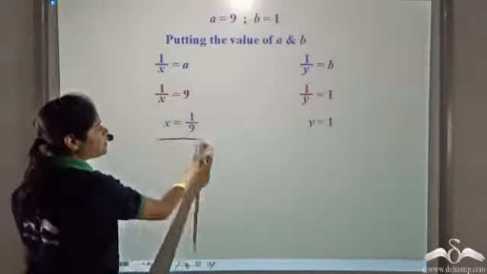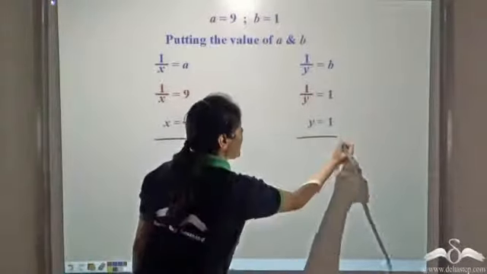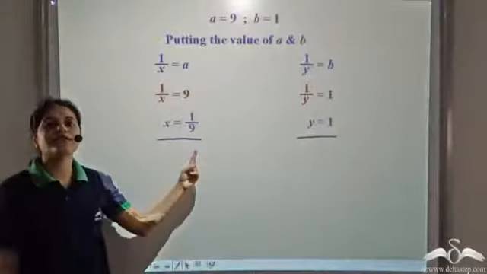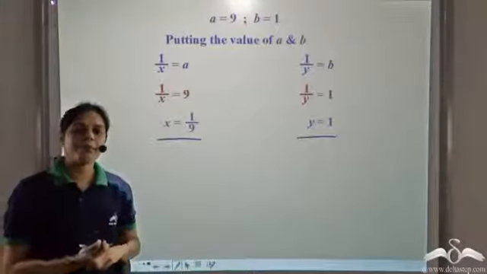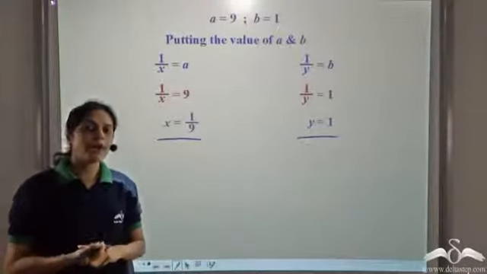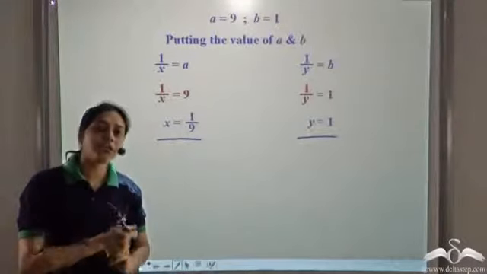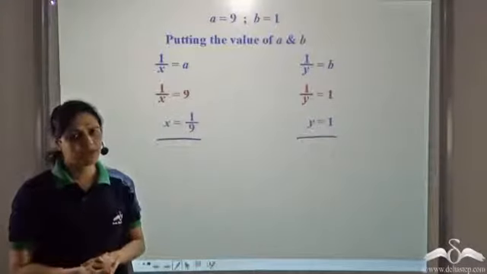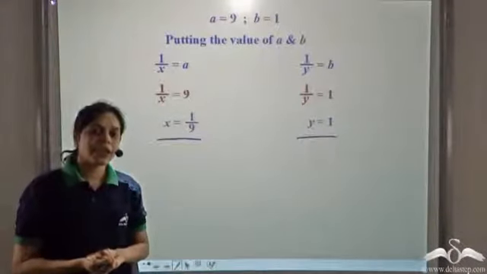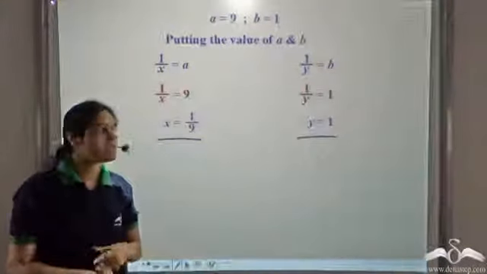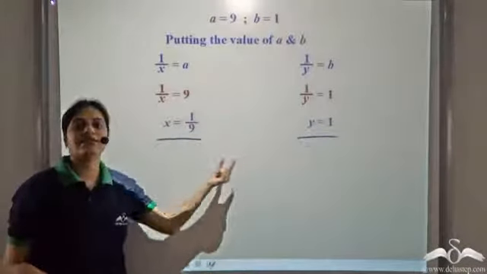So x is equal to 1 by 9 and y is equal to 1 is the solution of the given pair of equations. Although the pair of equations was not linear, we transformed it using some substitution into a pair of linear equations in two variables and solved for x and y.